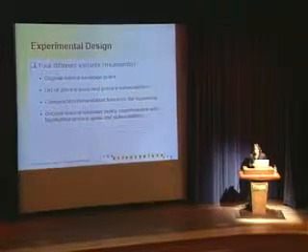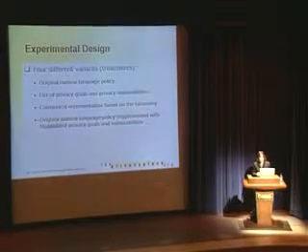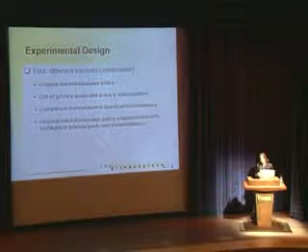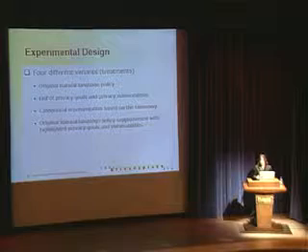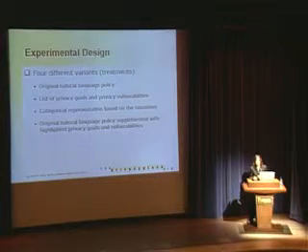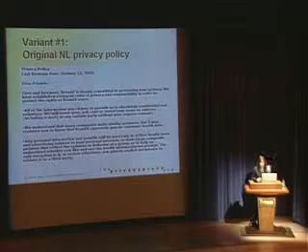The third variant was a categorical representation that was based on that same privacy taxonomy. And then the fourth variant was a combination of the original commonly used natural language policy with the goals and the vulnerabilities highlighted. So I have examples to show you of each of those.